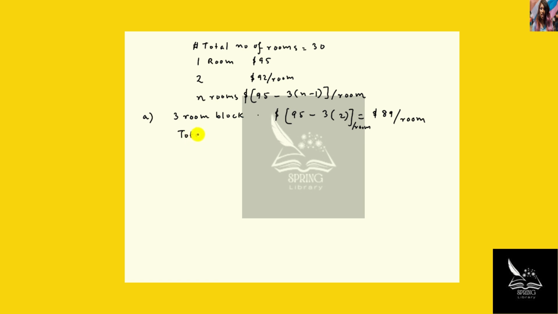Total money we take in from the block of three rooms is equal to 3 times $89, which is equal to $267.